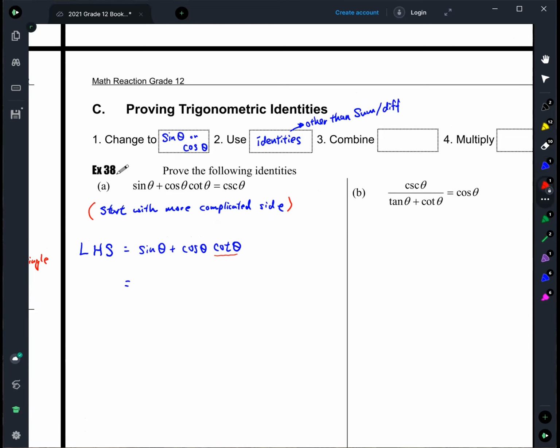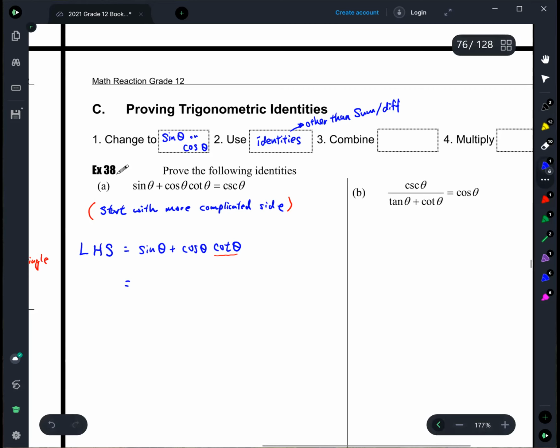Instead of using 1 over tangent, because if we can change to sine or cosine, then we pick that one over the other one. So everything else stays the same, except the cotangent part will now become cosine over sine.